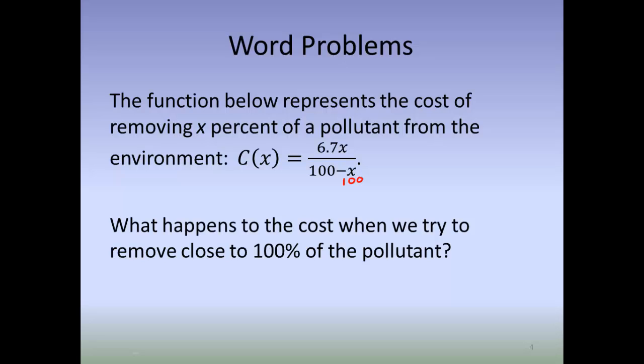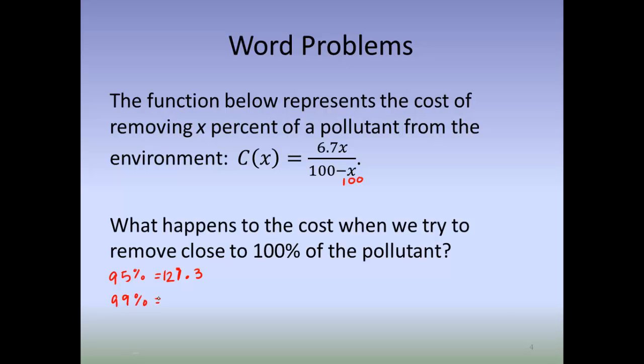What numbers should we use? Well, I'm going to try 2 numbers, and we're going to take a look. We're going to remind ourselves that for the last example, for 95%, we had a cost of 127.3.